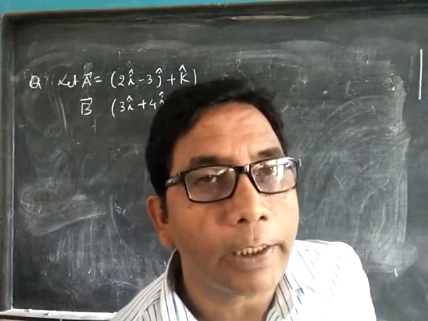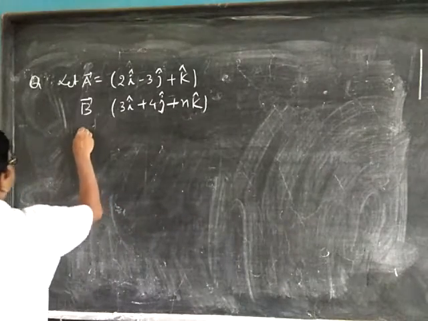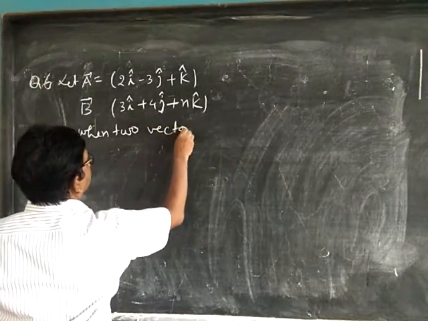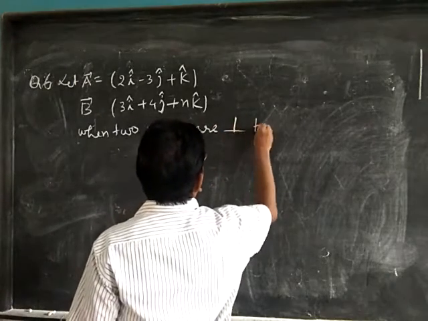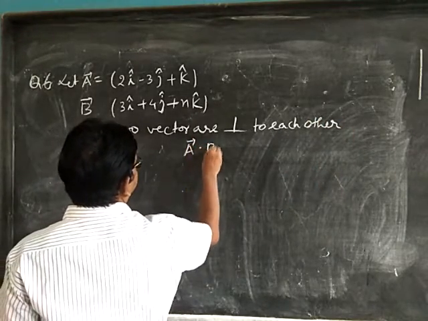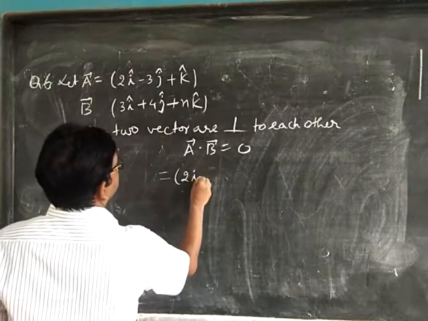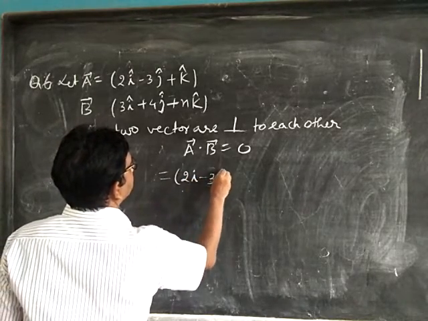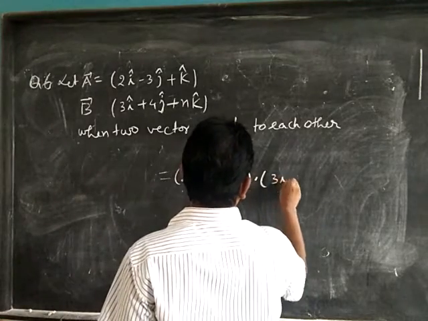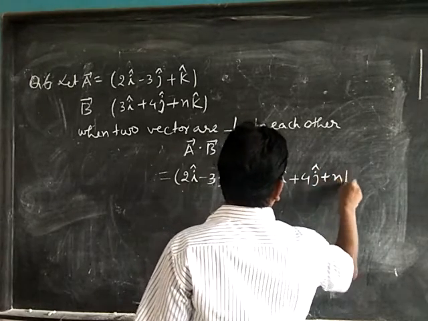We know that when two vectors are perpendicular to each other, then vector A dot vector B is equal to 0, that is, 2i minus 3j plus k dot 3i plus 4j plus nk.